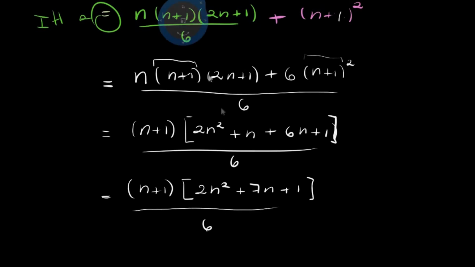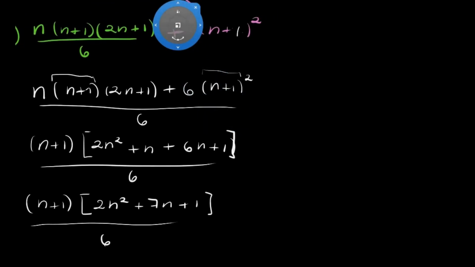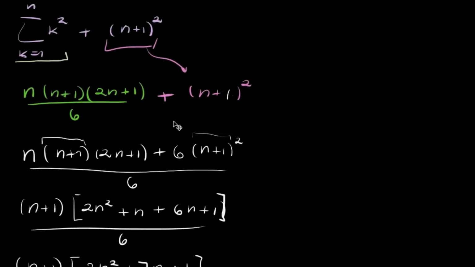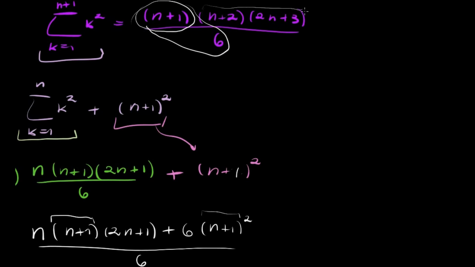Let's think about this expression. Let's look again at what we want to have. So I have the n plus 1, I have the 6. So I already have all this part. Now I need to focus on this. Let's do the calculations for this.